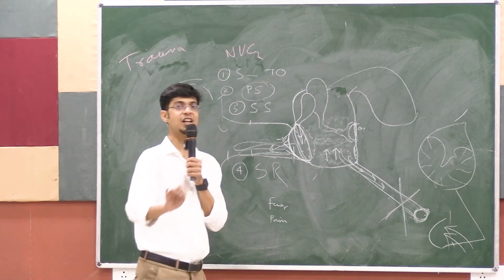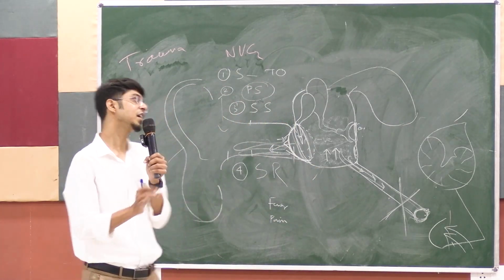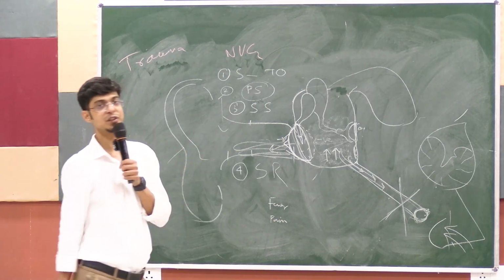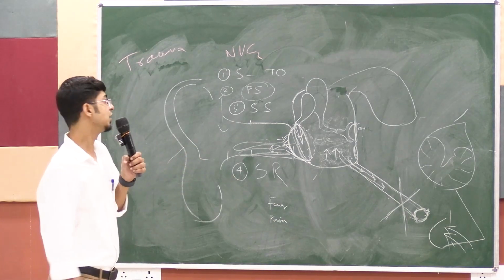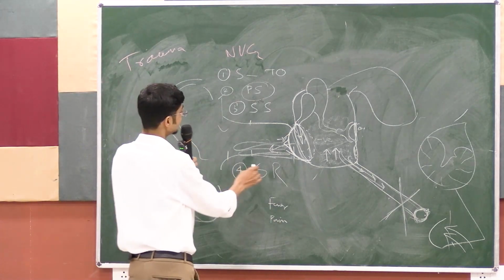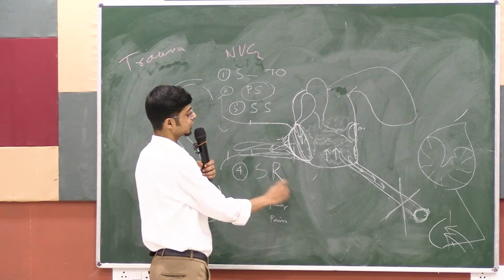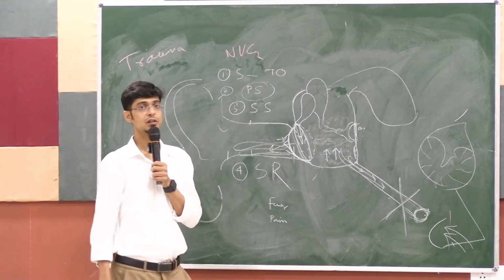Whatever, some treatment has been done, or the pus has itself come out by rupturing of the eardrum. So now the patient gradually recovers. So this is the stage of resolution.